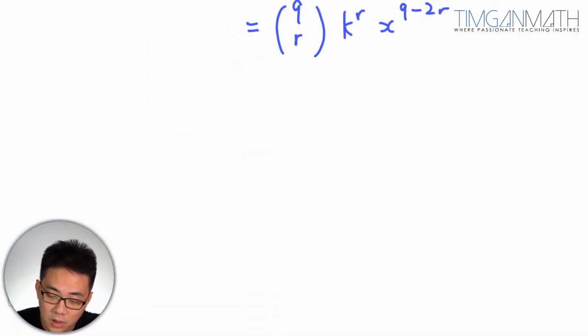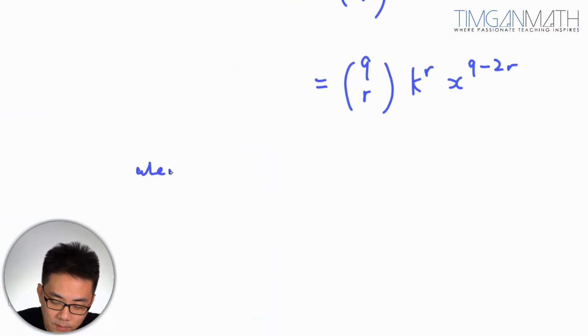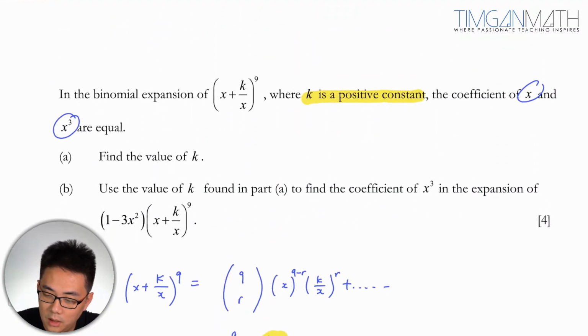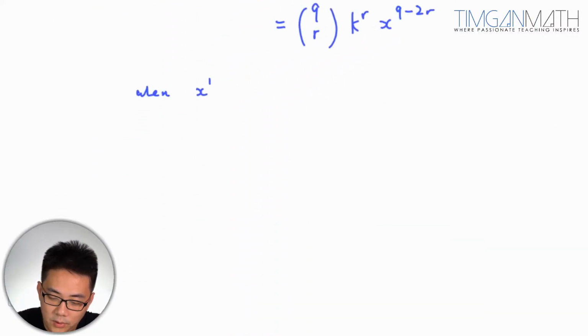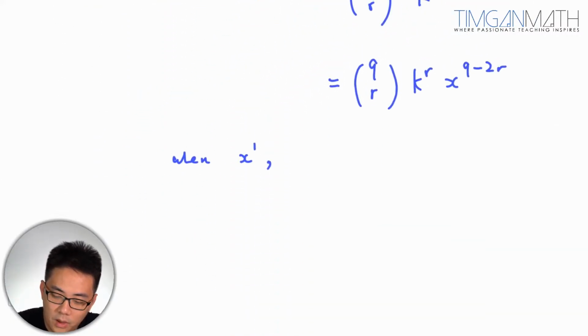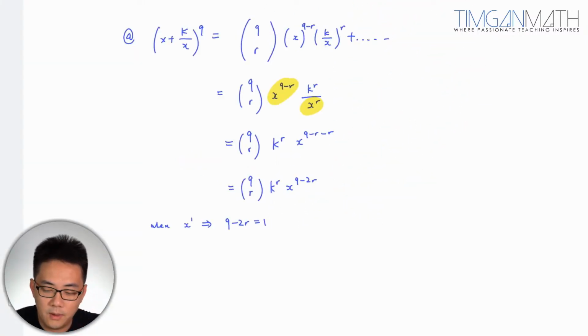Great. Now, the next part is you are told that the coefficient of x cubed and x squared is the same. So when x equals to power of 1, you know that in this case here, 9 minus 2r is equals to 1. Just remember that this is the general term for each term.